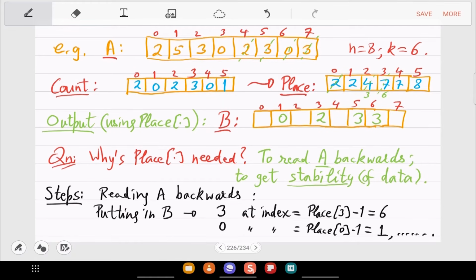We are not unnecessarily changing the order of students. For whatever reason the students were given in the input in that order, and we will not change them unless there is a need, unless their marks are different. Okay, so that's the property we are preserving. So this question of place was a good one. It's the place array that is helping you achieve that.